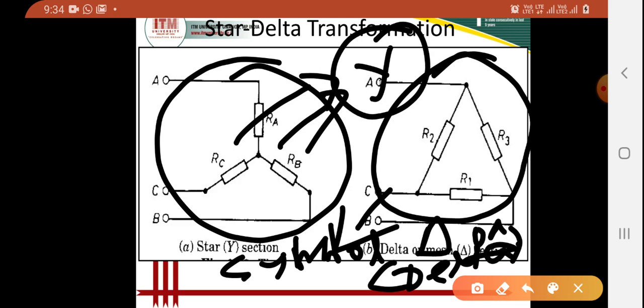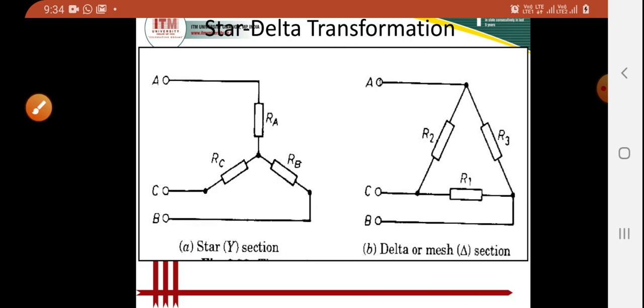Also, when it is delta, it is possible to do a delta to star transformation. When we are talking about this connection, a resistive network consisting of three impedances or resistances can be connected together to form a star connection.